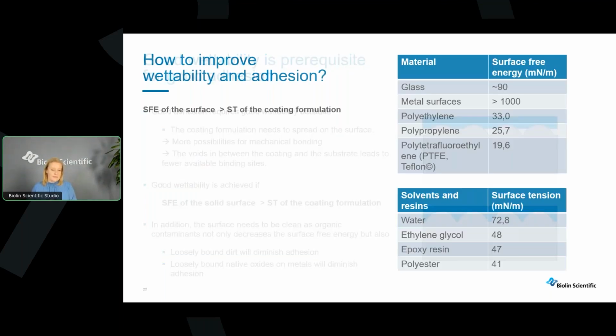So if we look at some examples of different materials, here is a list of different types of materials like glass, metals, different polymers, and below some different types of solvents and resins.